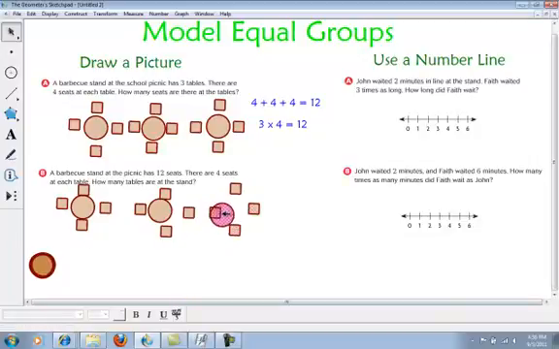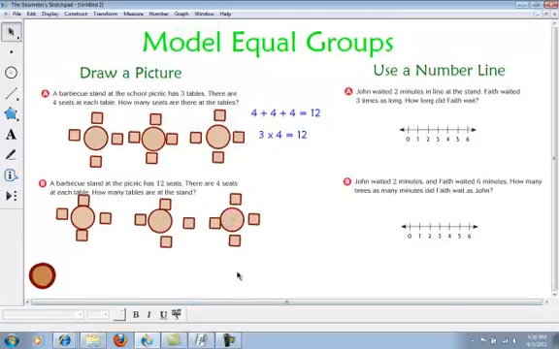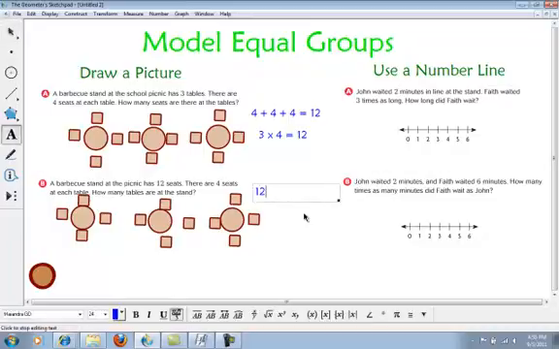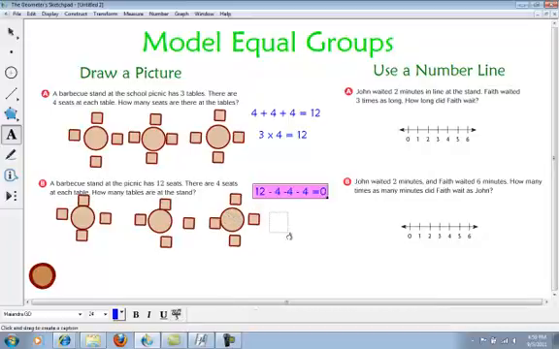We could put another table in there. So with this problem, we started with 12, and we subtracted 4 to make a group for one table, 4 again for another table, 4 again for another table, until we used up all of our chairs. That shows us that there were 3 groups or 3 tables.